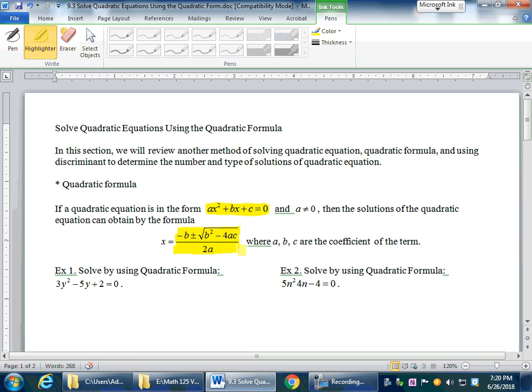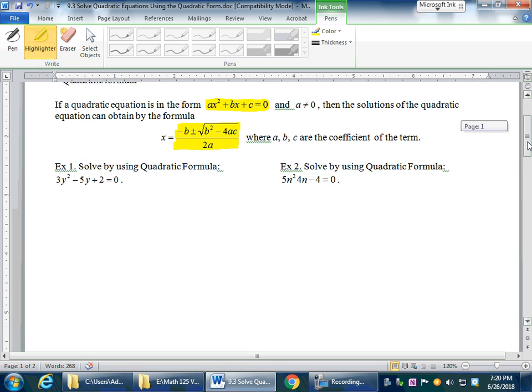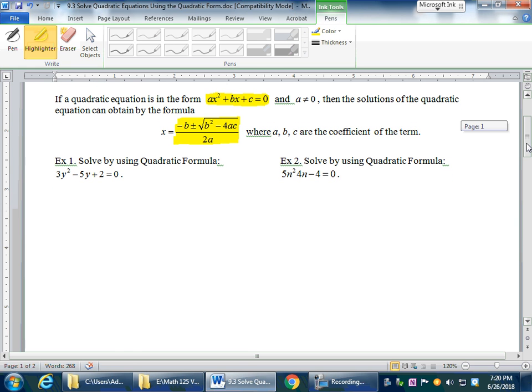Right? So that's the formula. We need to know what our a, b, c are in a quadratic equation to use the quadratic formula. So let's take a look at the first example.